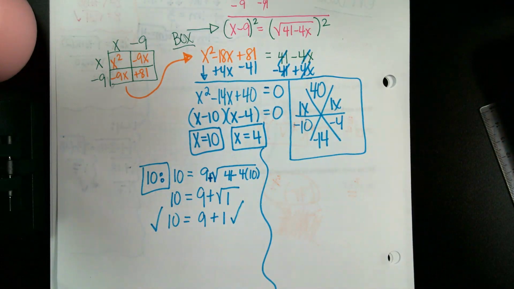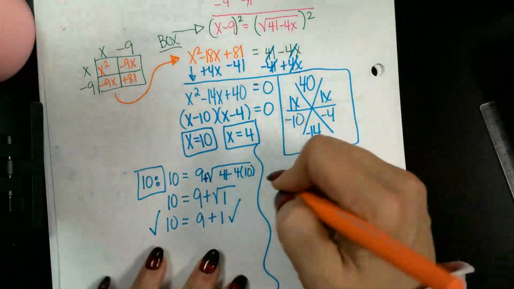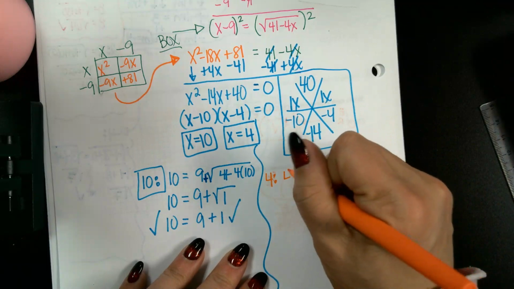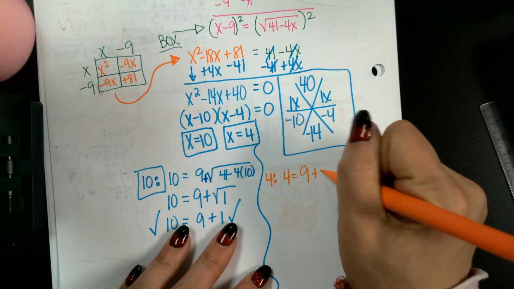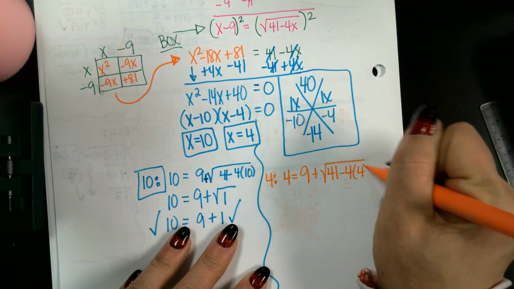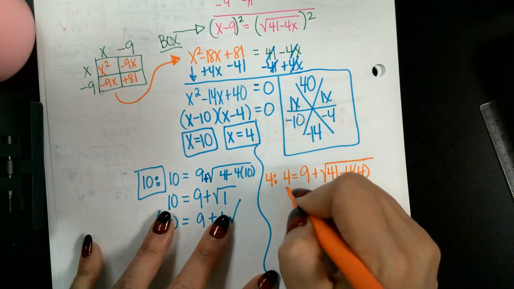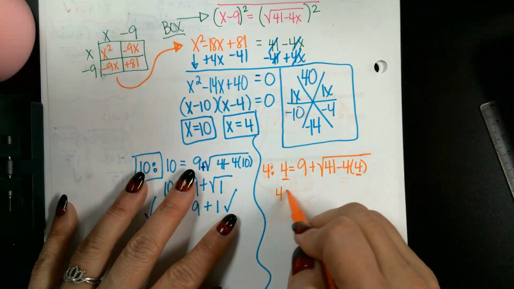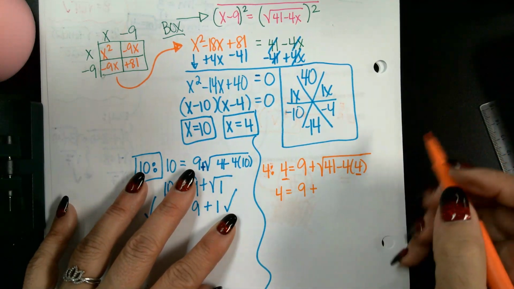Now the answer of 4, if we plug in a 4 where the x's were, so that was here and here. What is 4 times 4?